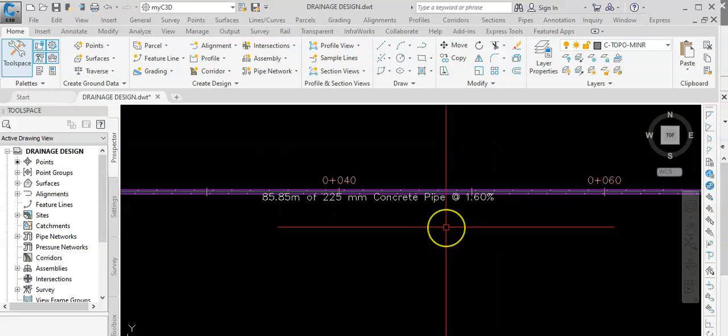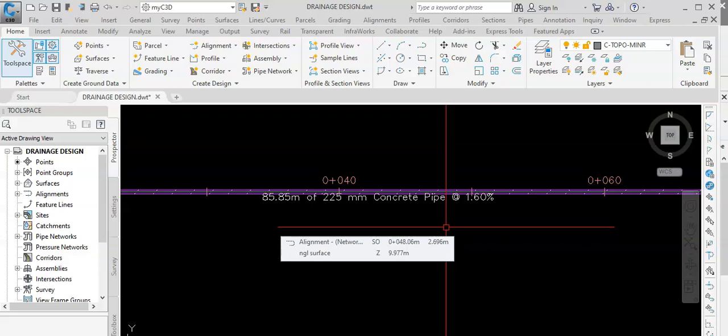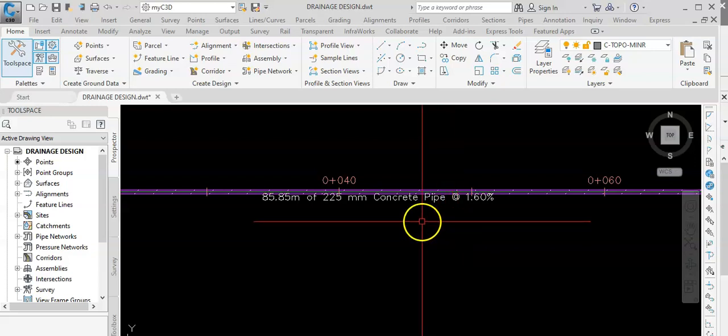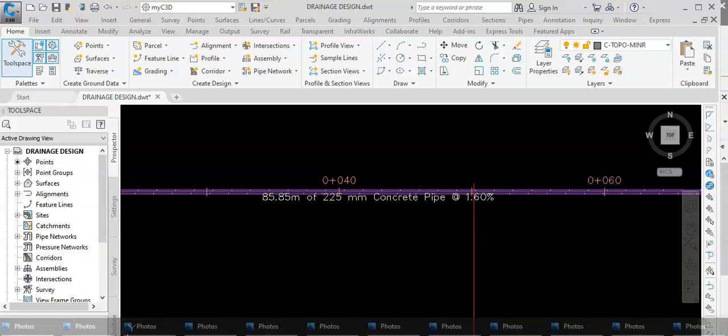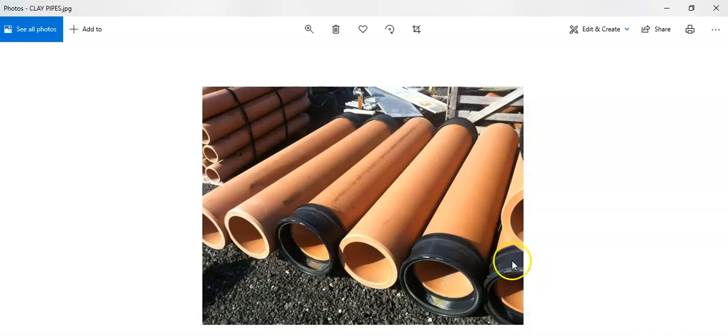To get a general idea about what concrete pipes, plastic pipes, and clay pipes are, let's have a look now. First of all, we have these clay pipes. These pipes have been used in the past, and in the UK we are not using them anymore. But we have a general idea about what they are and how we use them.